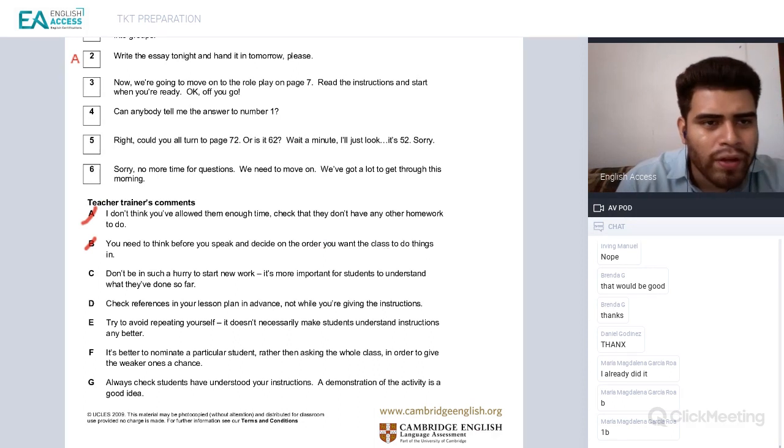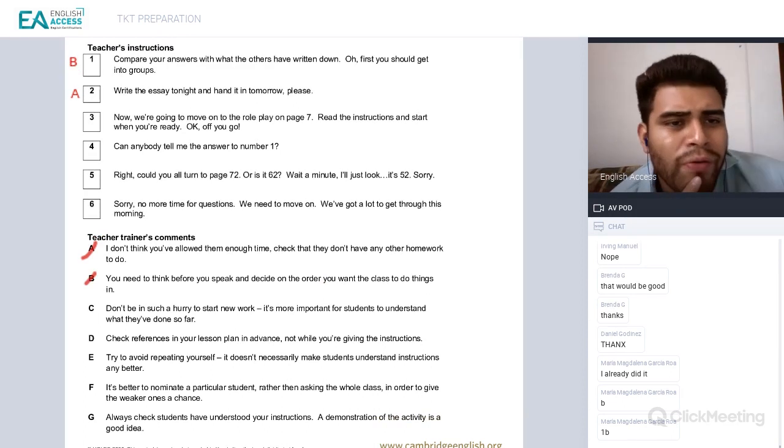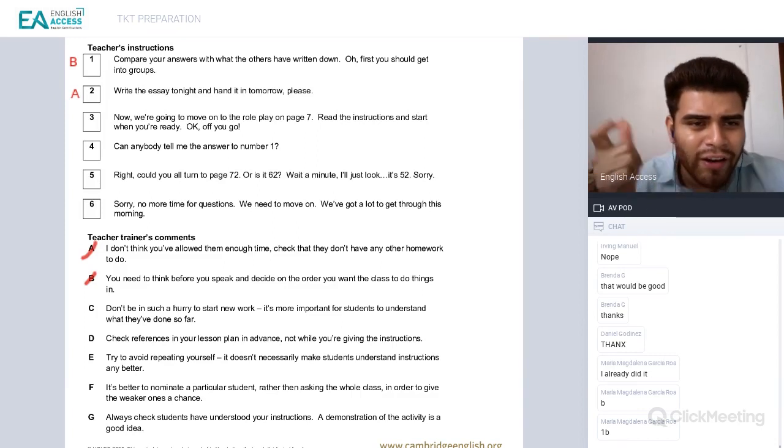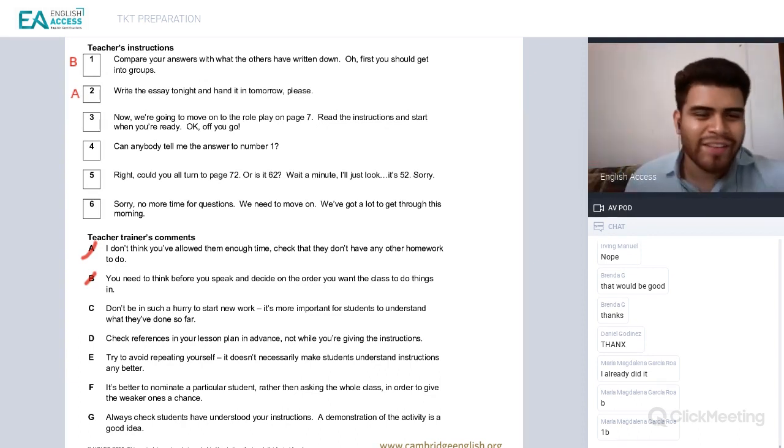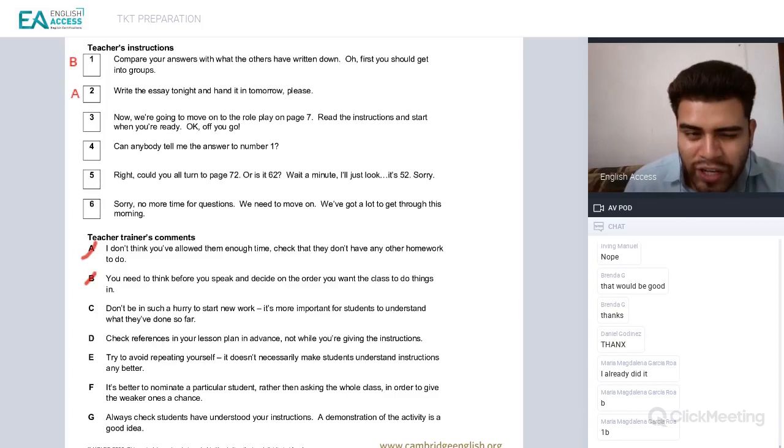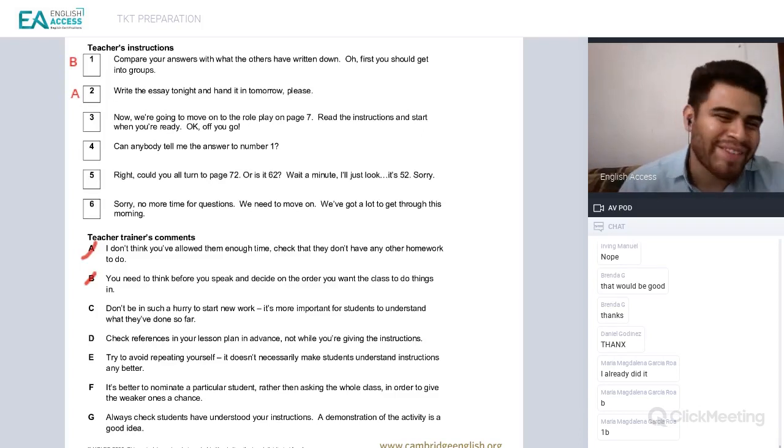Okay, number three. Now we're going to move on to the role play on page 7. Read the instructions and start when you're ready. Okay, off you go. What do you think would be the teacher trainer's comments to this? It's very funny.